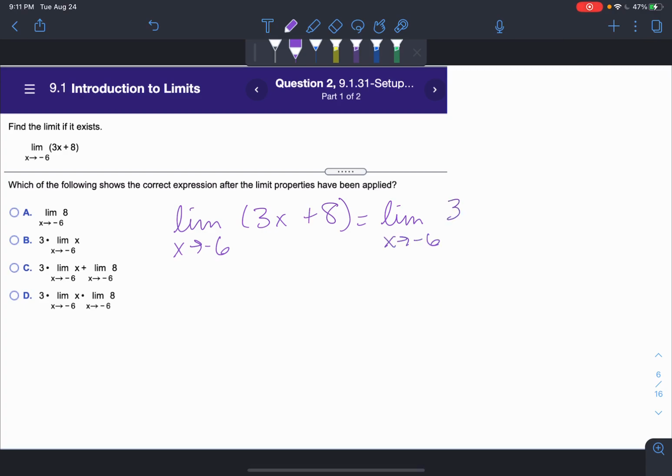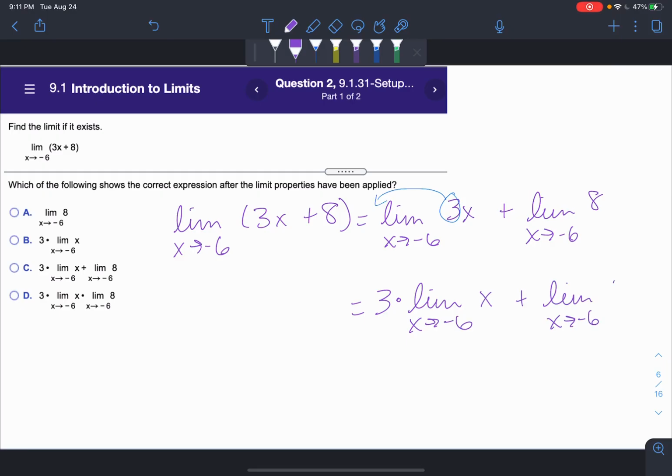So the limit as x goes to -6 of 3x plus the limit as x goes to -6 of 8. And then another property allows us to pull that 3 out because it's a constant being multiplied. So we can rewrite this as 3 times the limit as x goes to -6 of x plus the limit as x goes to -6 of 8. And so our answer would be C.